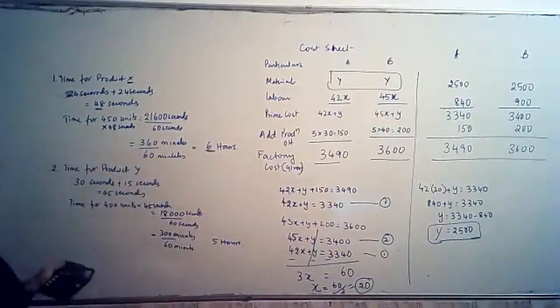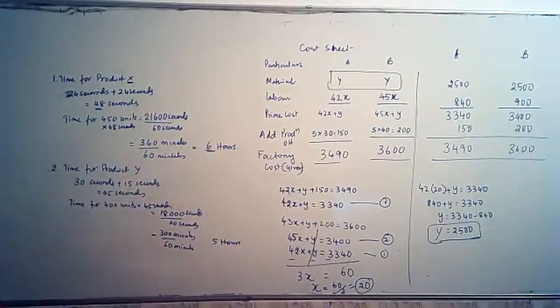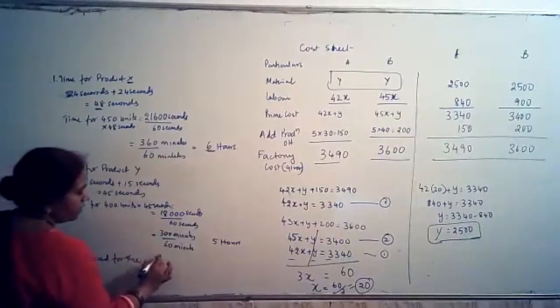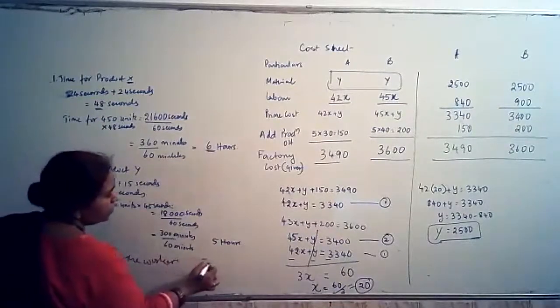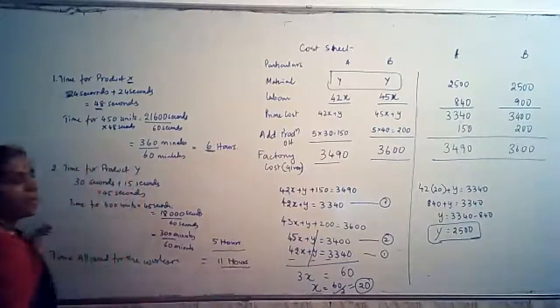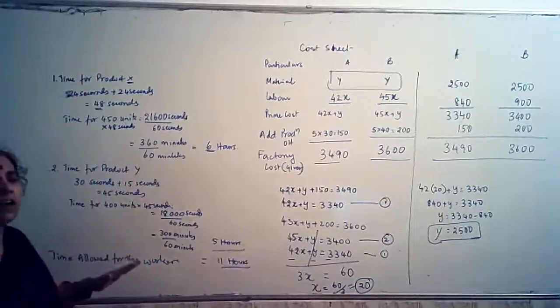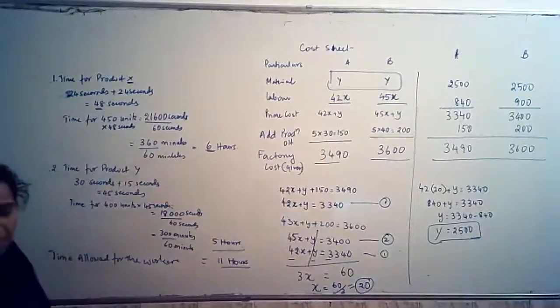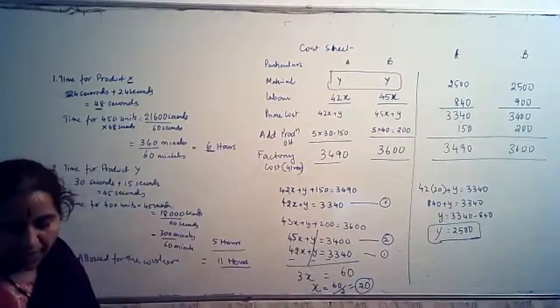So how many hours did it come to? 6 hours plus 5 hours. Total how much is it? 11 hours. So the total time allowed to the worker is equal to 11 hours. How much time do you allow? We allow 11 hours to manufacture this. Then how much has he taken? How much time has he taken? During the 8-hour day, he has taken only 8 hours.